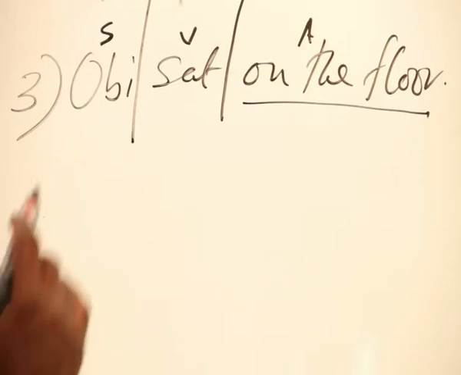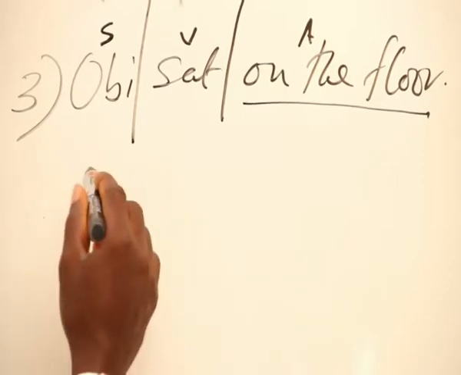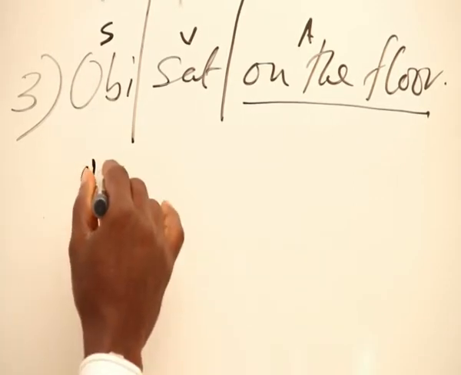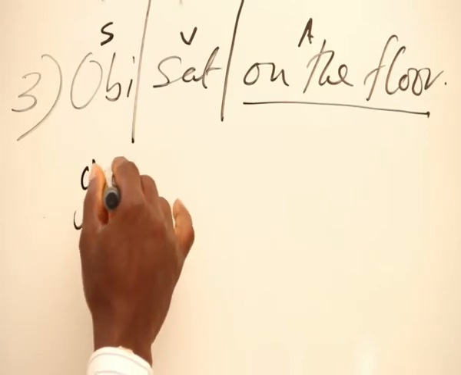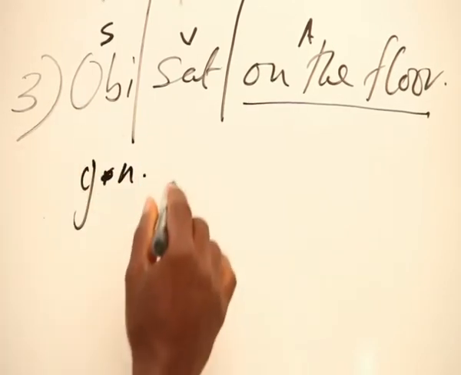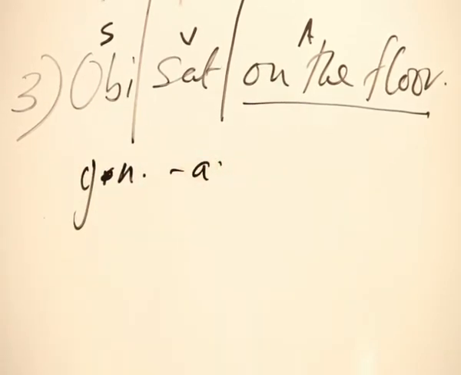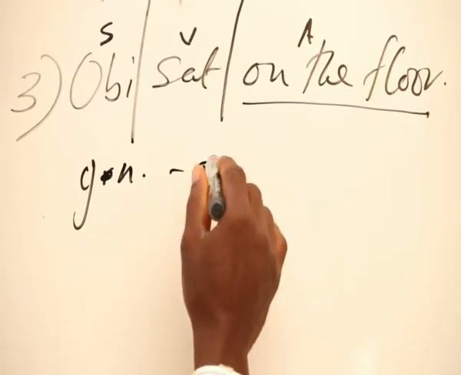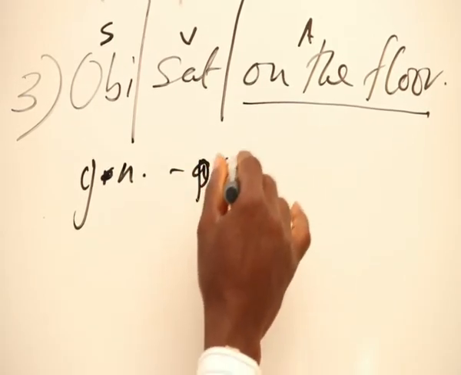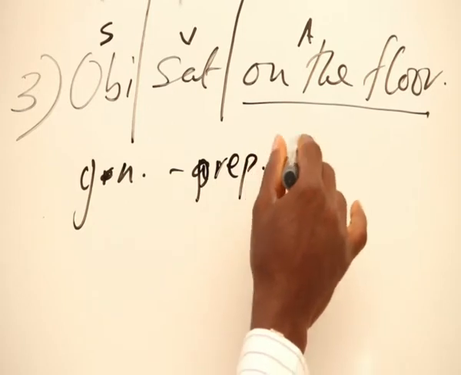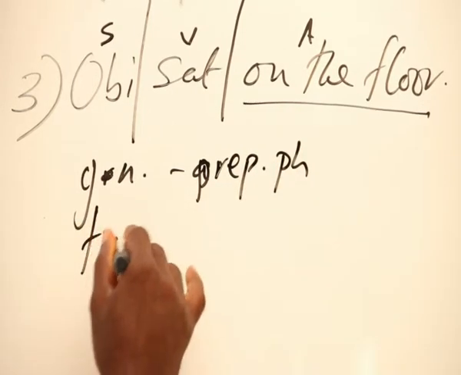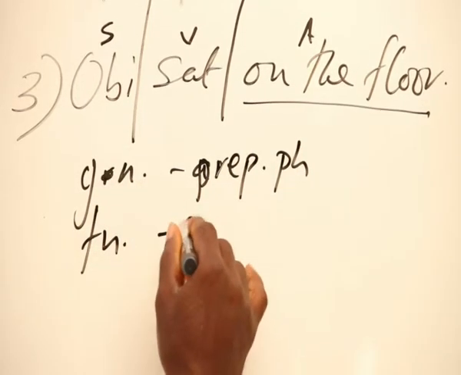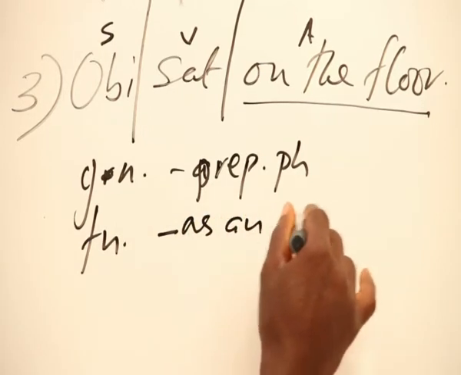So here you simply say the grammatical name, GN. You can say, grammatical name: prepositional phrase, then function, we'll now say as an adverb.